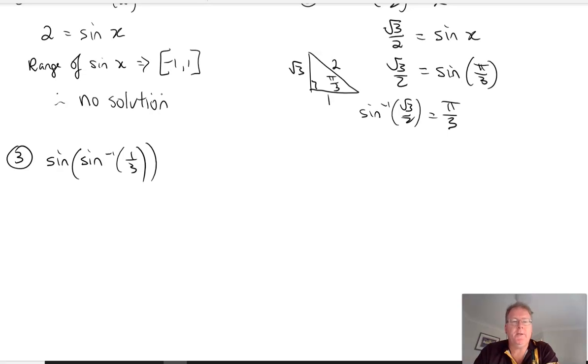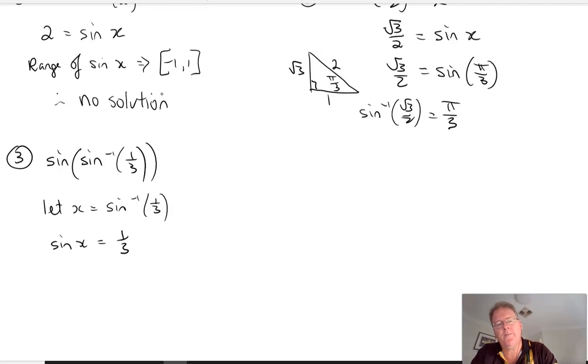So first thing we're going to do is we're going to say, okay, well, let x equal sine minus 1 of a third. So we're going to let x be the bit inside the bracket. So just like we've done in the previous examples, sine x is equal to a third.